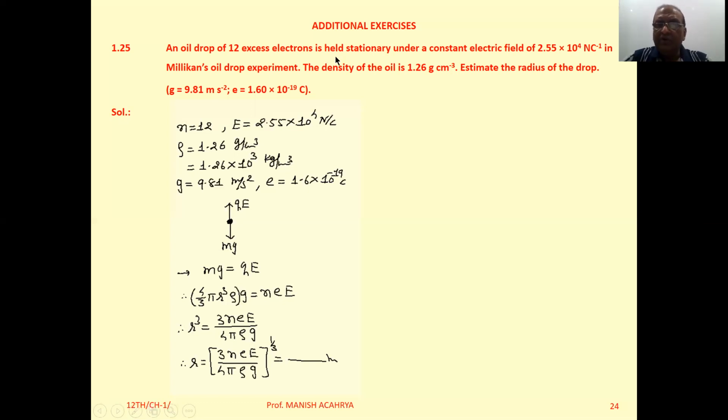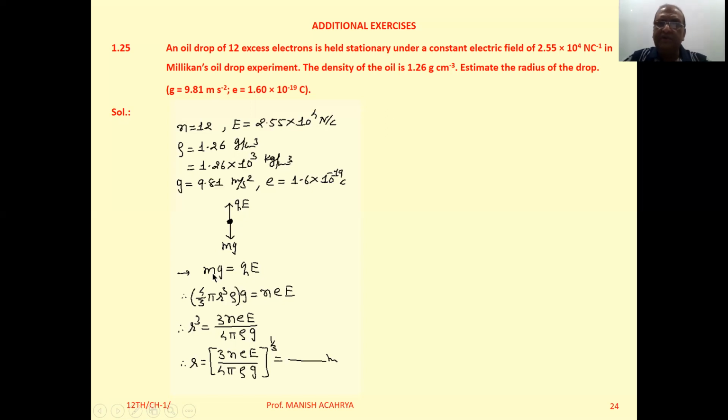Now if you want to hold it stationary, then these two forces should be equal in magnitude and opposite in direction. Weight mg is always vertically downward. It implies that the force due to electric field should be in upward direction, and magnitude wise mg and qE both should be equal.